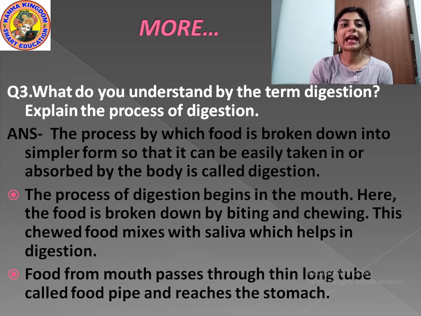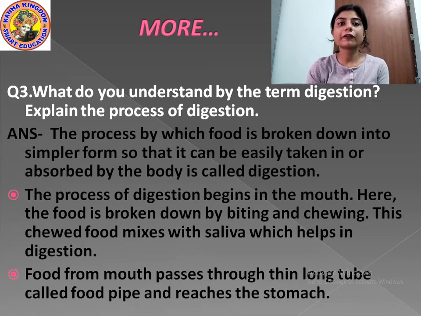Okay. Then point number 2. Food from mouth passes through thin long tube called food pipe and reaches the stomach. I repeat. Food from mouth passes through thin long tube called food pipe and reaches the stomach.